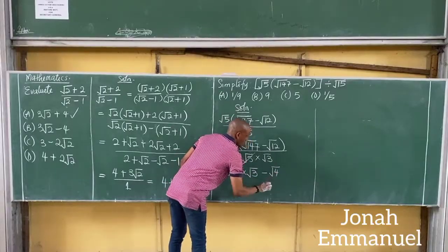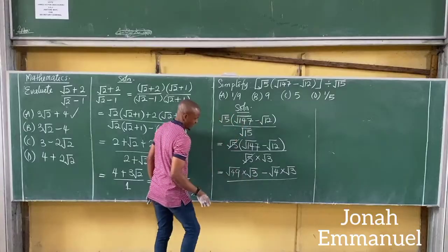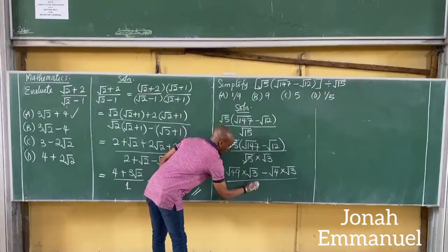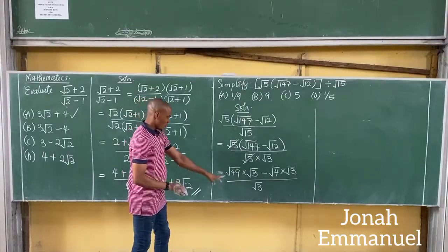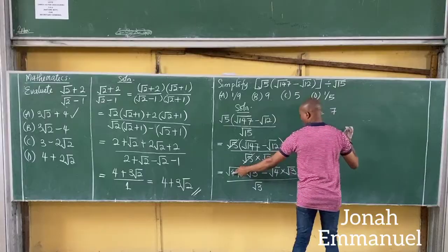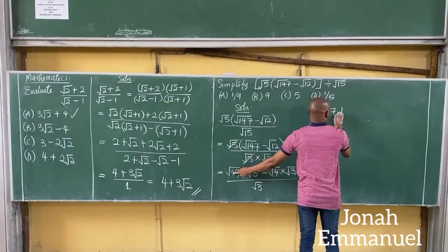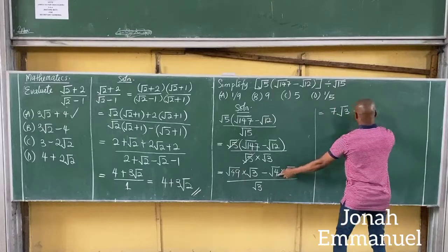Alright. Minus, what's root 12? Root 4 times root 3, all over, what do you get now? Root 3. Right. What's root 49? That's 7. 7 root 3 minus, what's root 4?